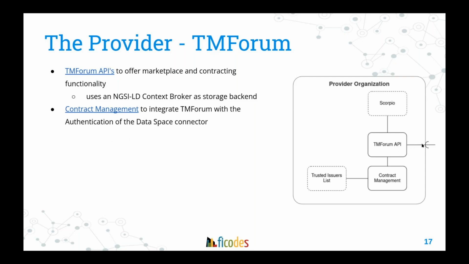The TM-Forum API endpoint needs to be publicly available, obviously, because else nobody could buy any services. And it's connected with the so-called contract management, which integrates the TM-Forum APIs with the trusted issuers list of the data space connector, so that we can automatically grant access for participants that bought access to, for example, our data service here.